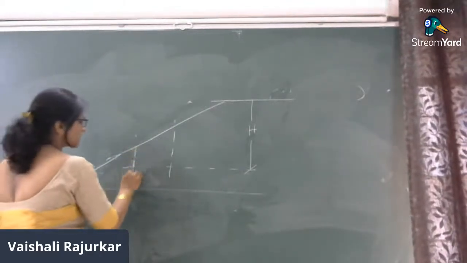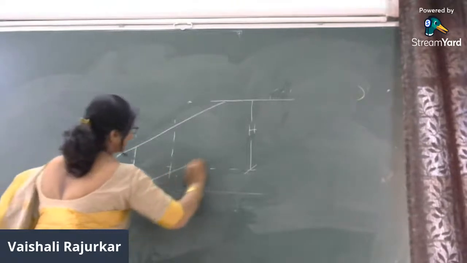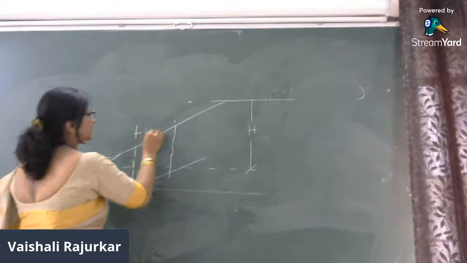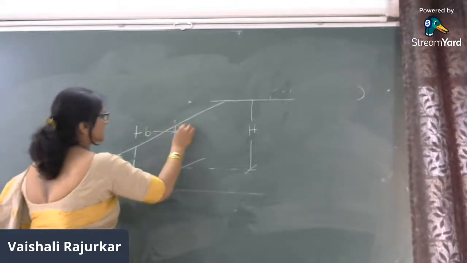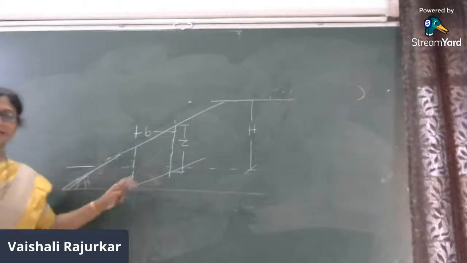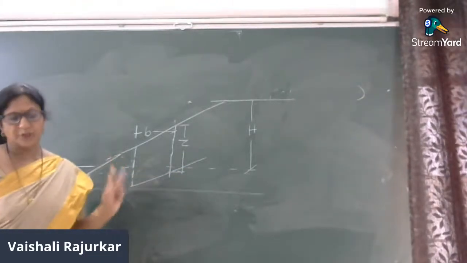This is the small width which we will take into consideration, where B is the width of the element and Z is the height of the element. Now this is the small weight that we will take into consideration.